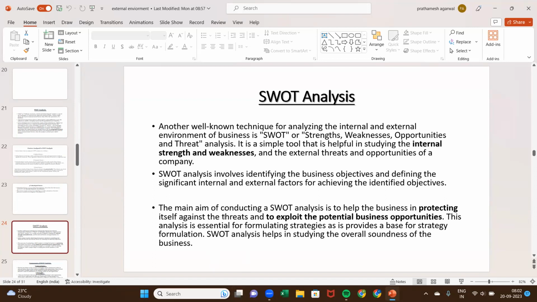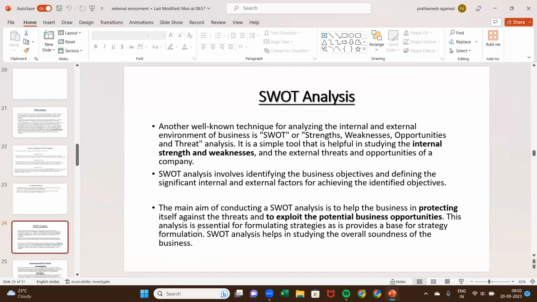The main aim of conducting a SWOT analysis is to help the business protect itself against threats, from your competitors and other companies, and to exploit the business opportunities. To exploit means to analyze how many business opportunities we have and how we can make good use of them.